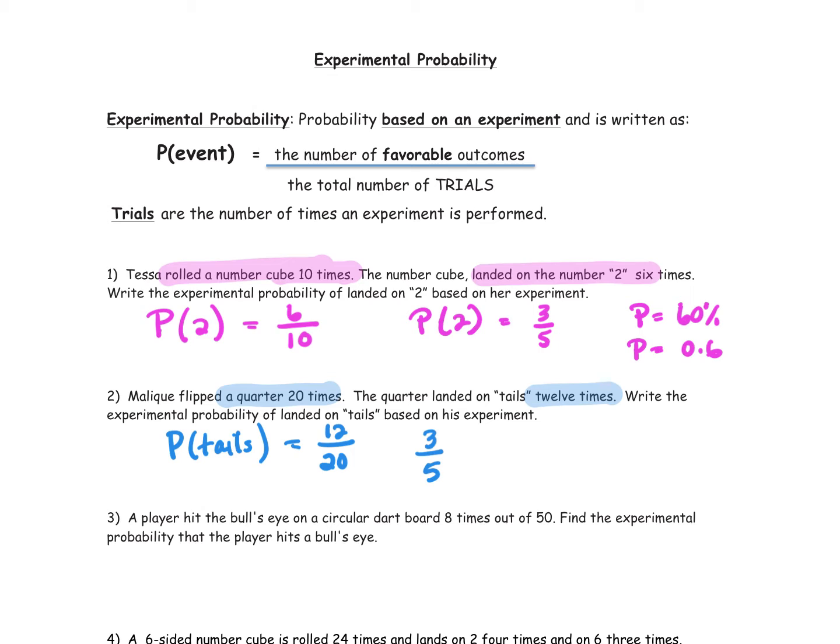And if you're not sure how I converted this, we take 3 divided by 5, and that's where the decimal would come from. And then if we wanted to write that as a percent, we would multiply by 100 to get 60%. So would you please try number 3 and number 4 on your own, and then look back at the answers.